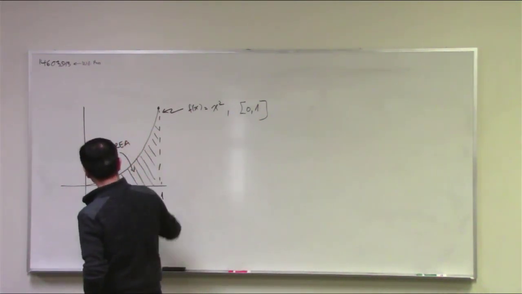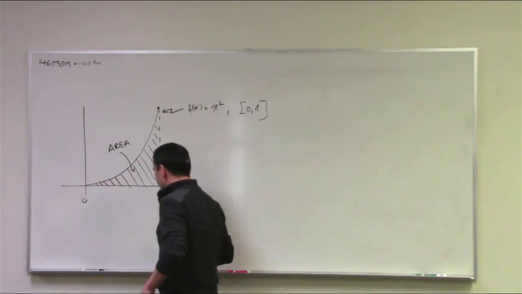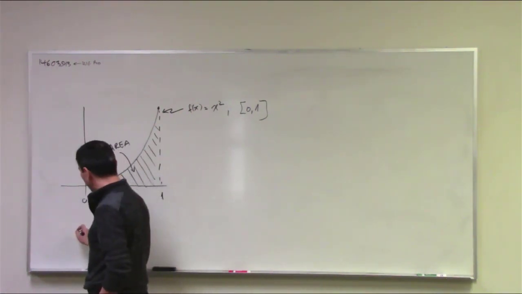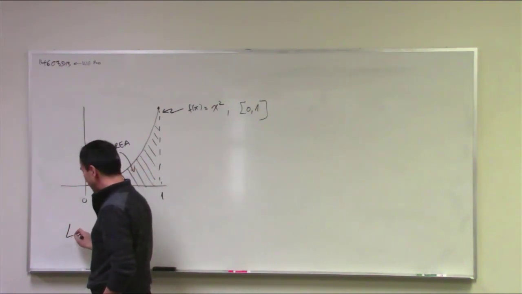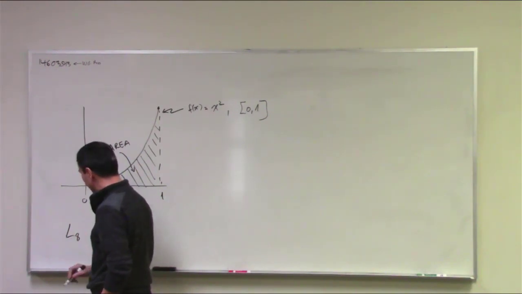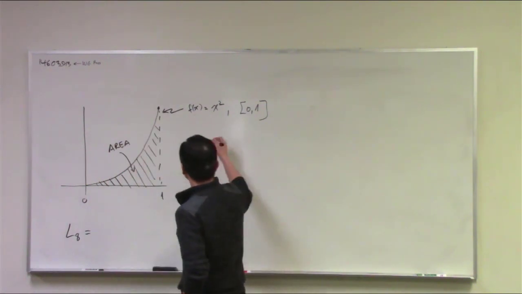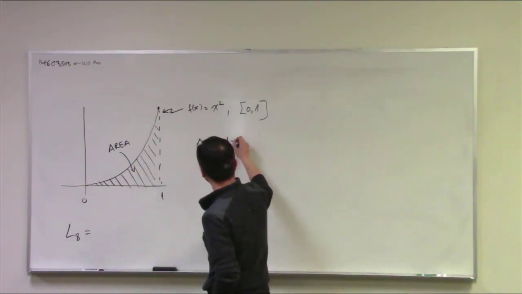But in the end, have we found that area? We haven't. In that way, I explained the left Riemann sum and the right Riemann sum. So why don't you guys calculate the left Riemann sum for this function, and this time I'm going to challenge you a little bit. Use your calculator and go with L8. So 8 subintervals, delta x is going to be (1 minus 0) over 8.